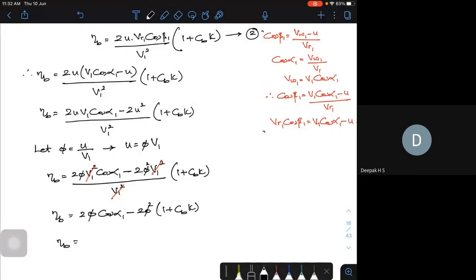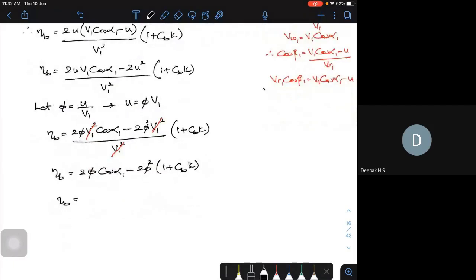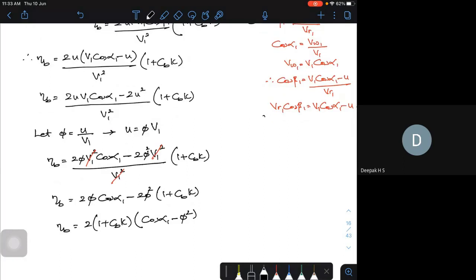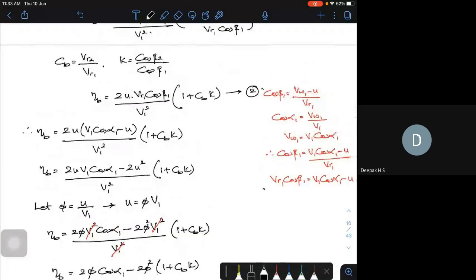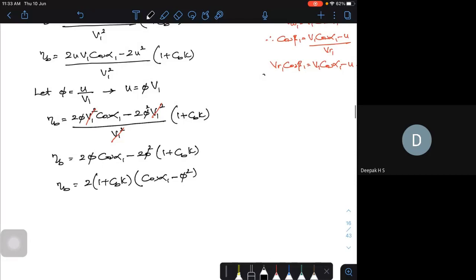If I take 2 outside, this will be 2 into (1 plus CB into K) into (phi into cos alpha 1 minus phi square). Here phi is there, yeah, phi into cos alpha 1 minus phi square. So this is the expression I am getting.